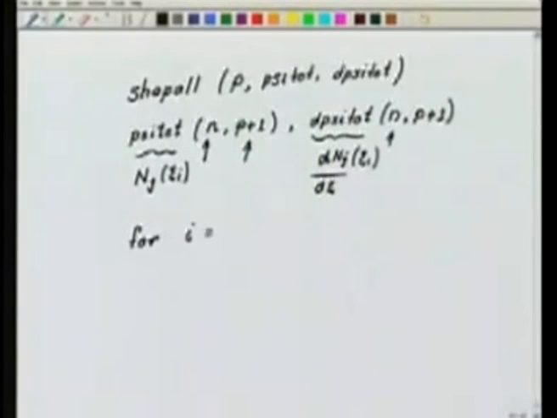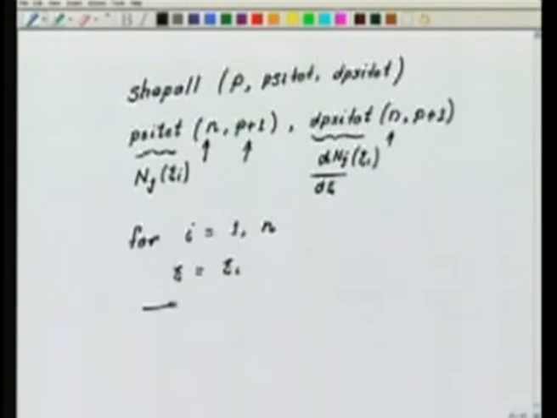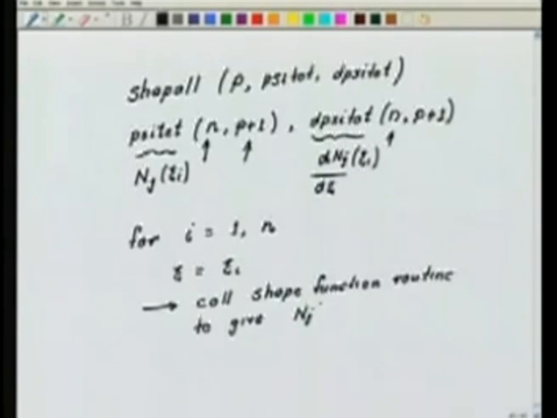So, how do I do it? You start a loop over the integration points. For each integration point, you have already obtained or programmed the routine which will give you the shape functions at a given point. So, here I will put psi equal to psi_I, which is the integration point, call the shape function routine to give N_j at psi and dN_j/dpsi at the point psi.